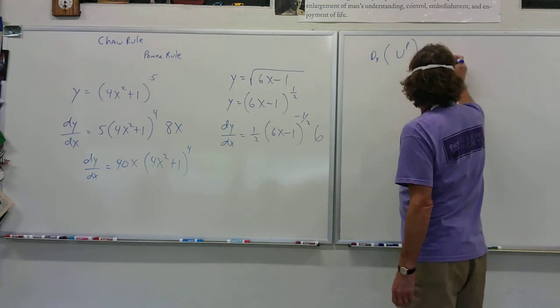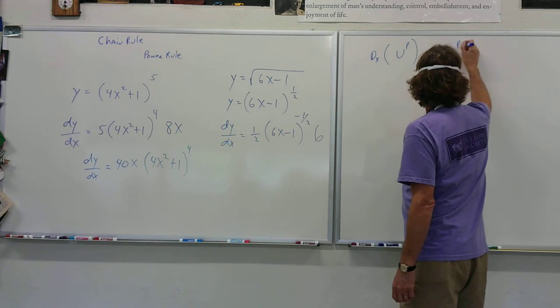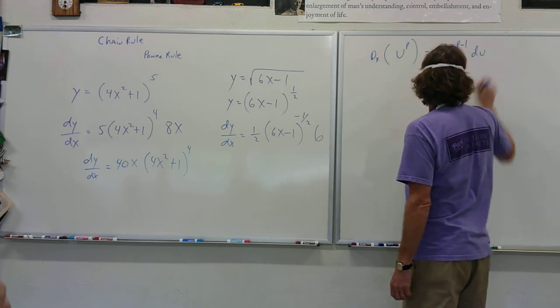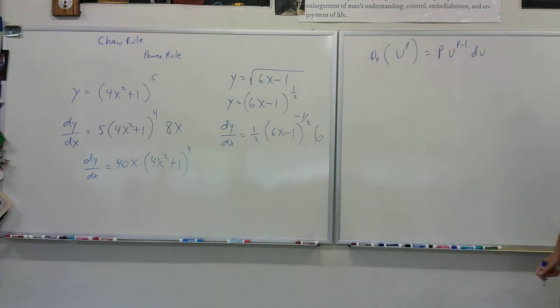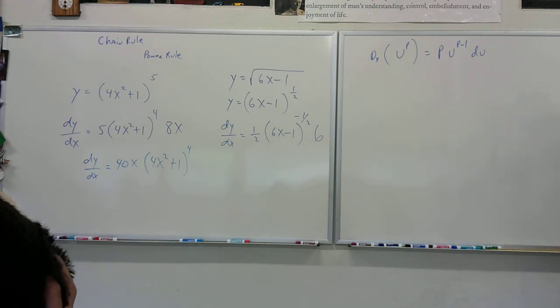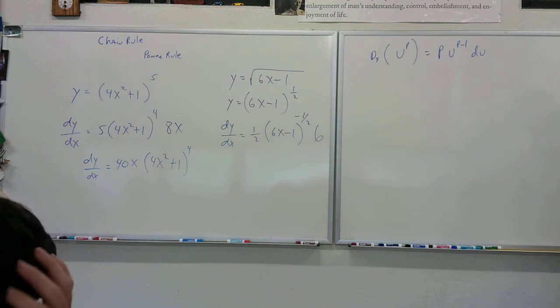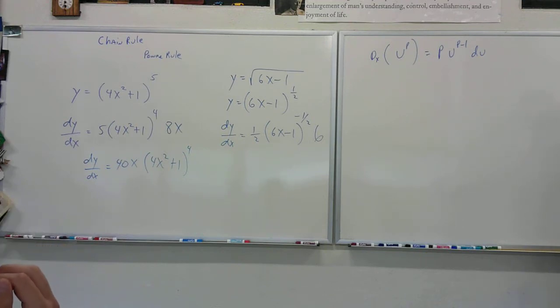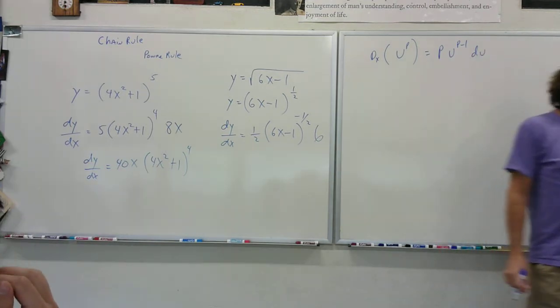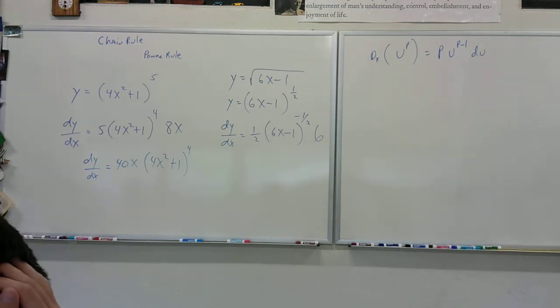You get the power, u, to the power minus 1, but what do you have to remember to put out there on the end? The du. Okay? And that's the power rule written like so. So far, so good?